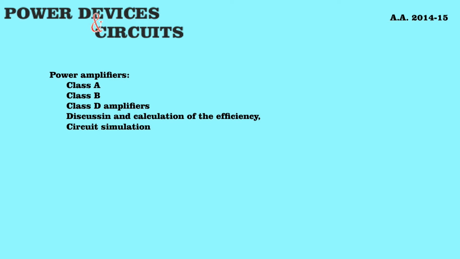Now, in a class D amplifier, the information content of the input signal cannot modify the amplitude of the pulses, because the output device can only bring the output from zero voltage and maximum current to maximum voltage and minimum current.